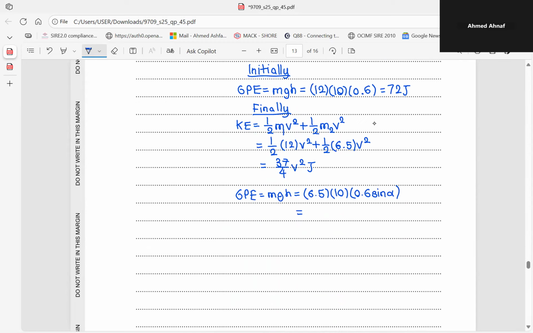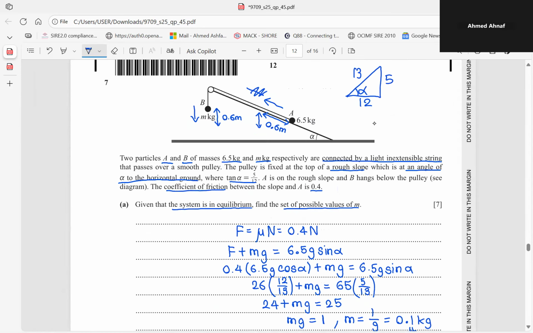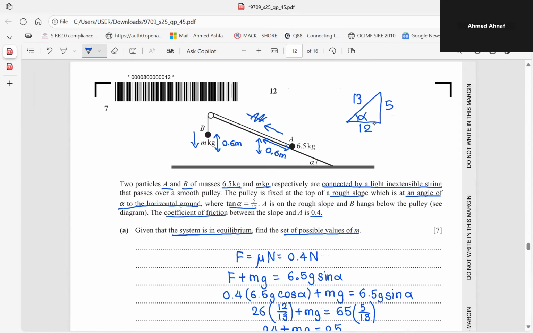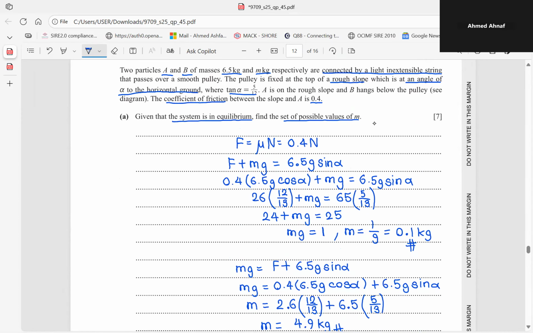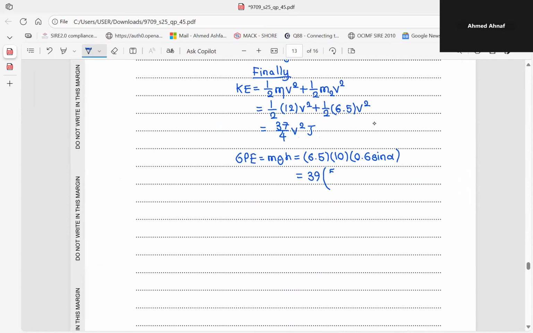You would get 39 times sine alpha. Sine alpha is 5 over 13, so that gives you 15 joules.